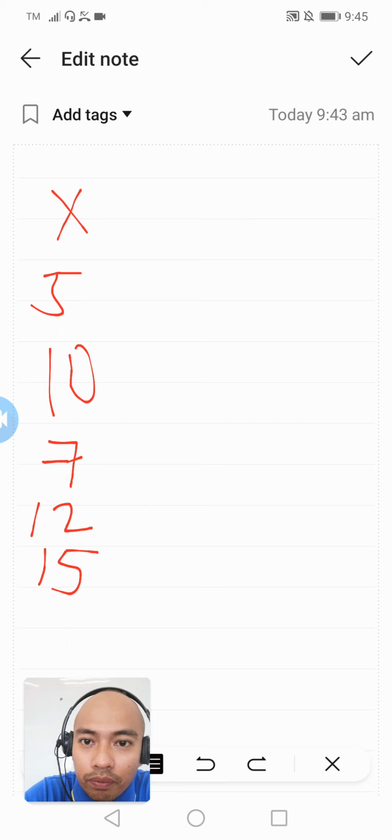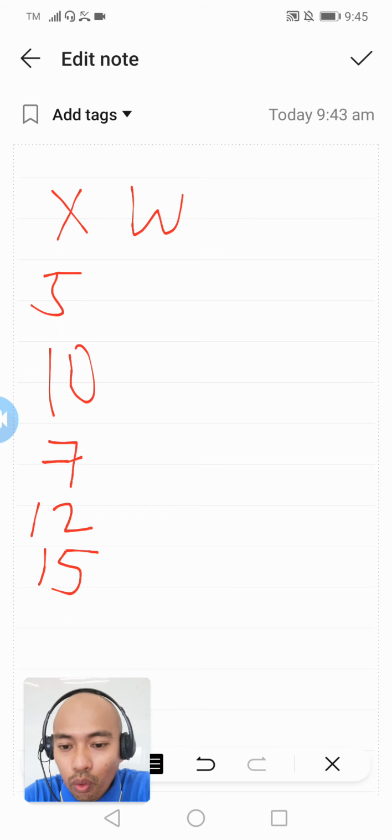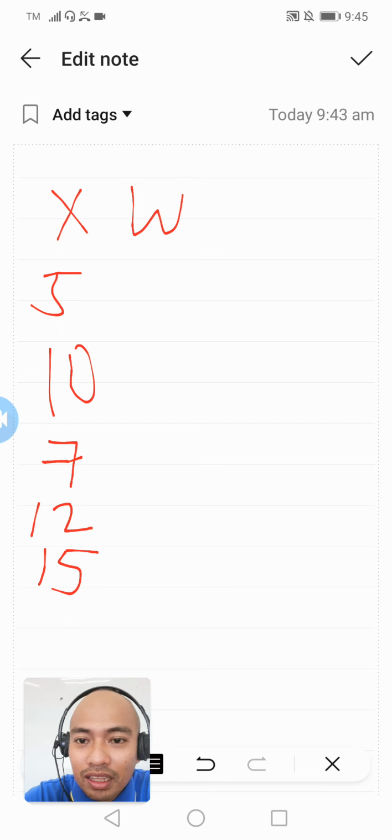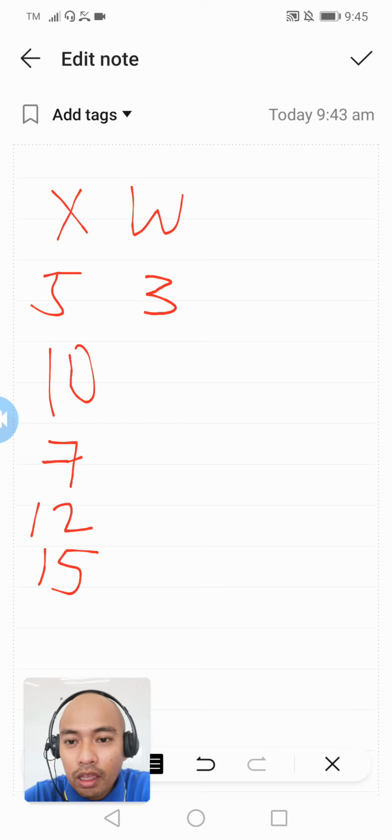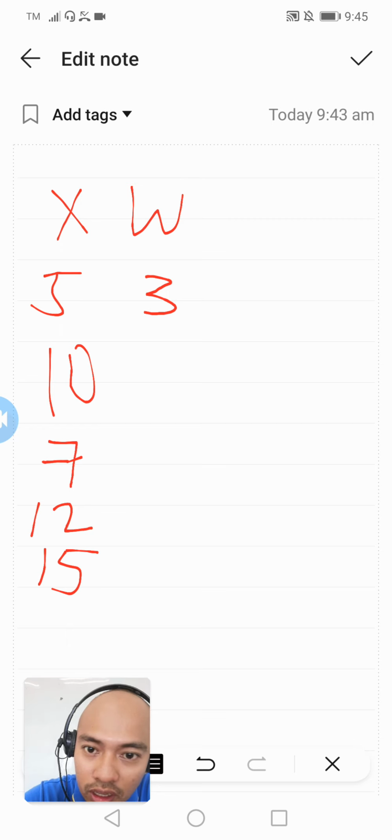So what if these are the subjects of that particular student, and we are treating na meron niyang mga weights. These subjects have their corresponding weights which are not equal, which are not the same. So say for example, yung 5 natin, this is the score of that student in English. In English, we are giving 3 units. Itong 10 na ito, this is the score of that student in science. And we know science, we are giving more than 3 units because merong laboratory.